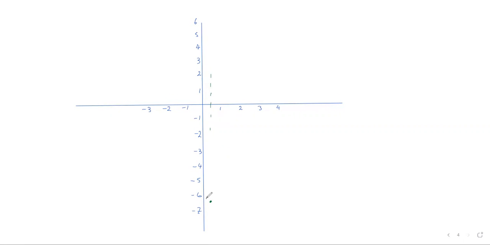So the graph is going to turn there. Now, we know that it's passing the y-axis at -6. At -6. There it goes.